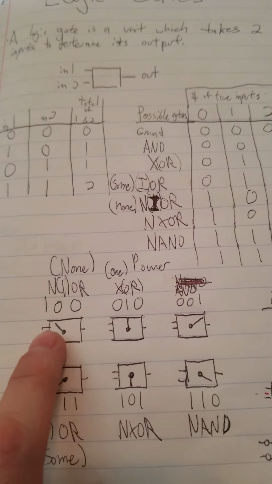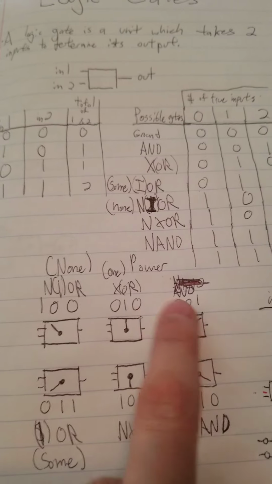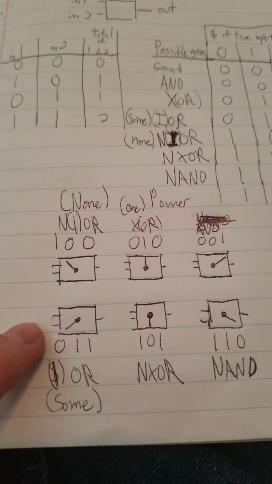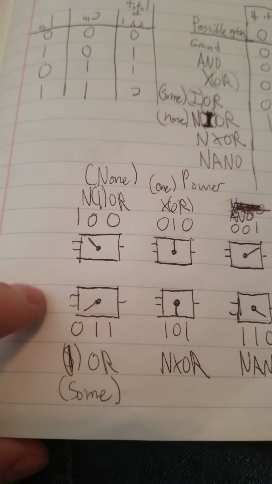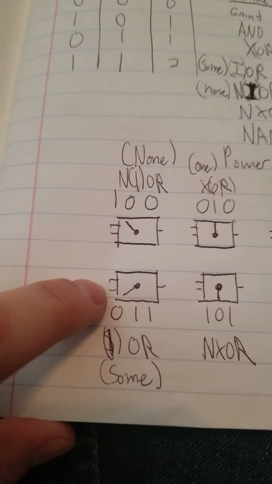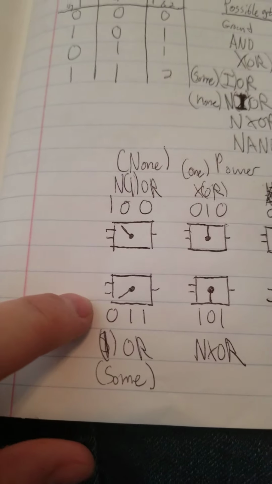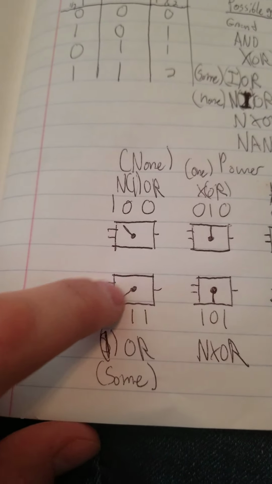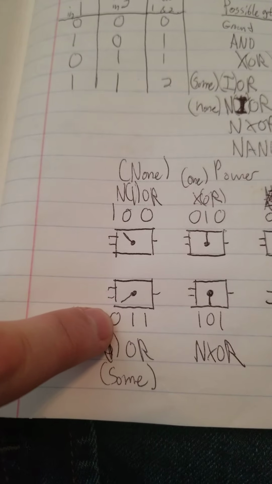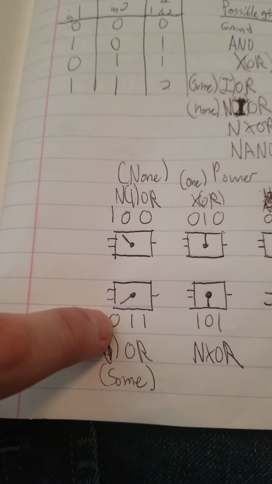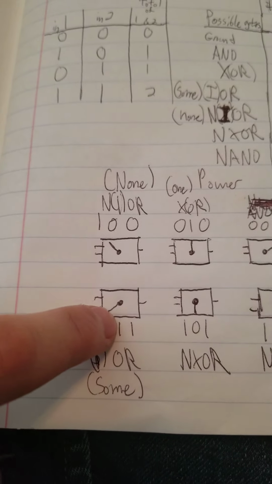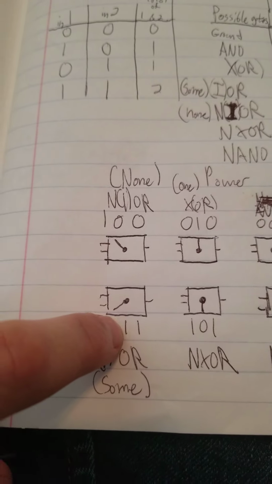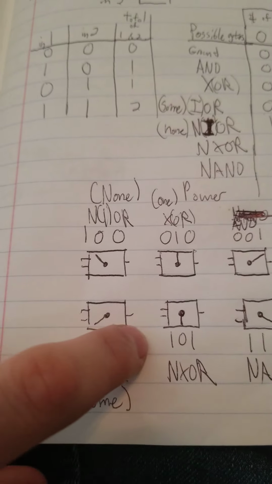So these symbols point to the one when they're going upwards, and on the bottom here they point to the 0 when going downwards. So let's take this one for example. If we put a 0 and a 0 in here, that'd be 0 true inputs, so we would look at the left digit, and the left digit is telling us that it outputs a 0. And if we inputted either 1 or 2 true inputs, then we would get a 1 coming out of here.